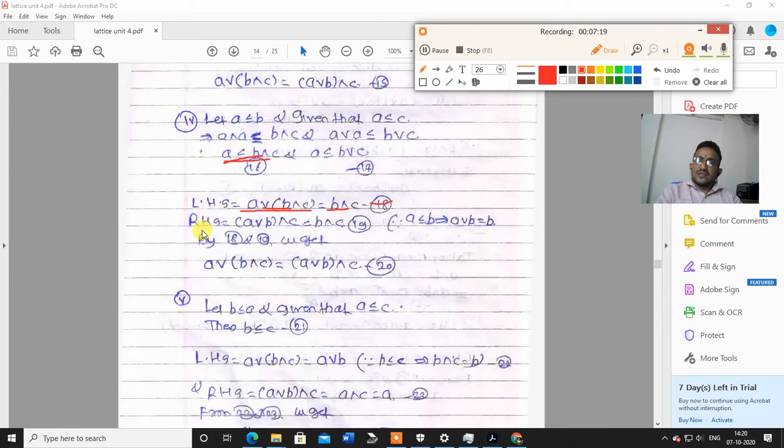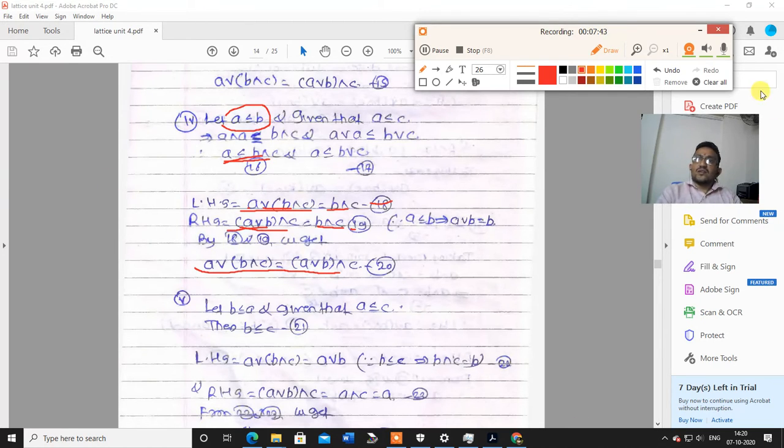And RHS here, A join B meet C. Okay, as A is related to B, therefore you can see that A join B is equal to B, and B meet C. Okay, so say the equation 19. So from equation 18 and 19 we claim that A join B meet C is equal to A join B meet C. Say the equation 20.